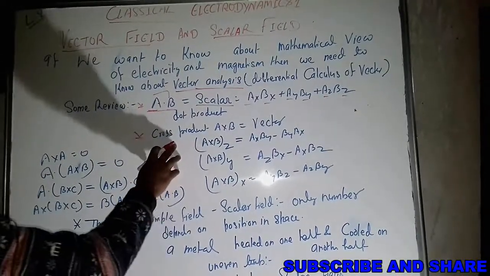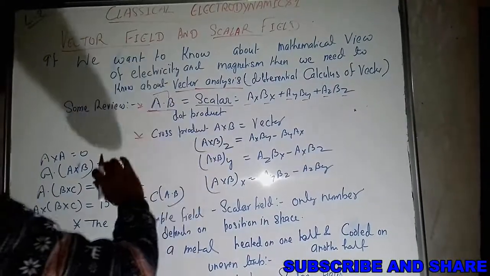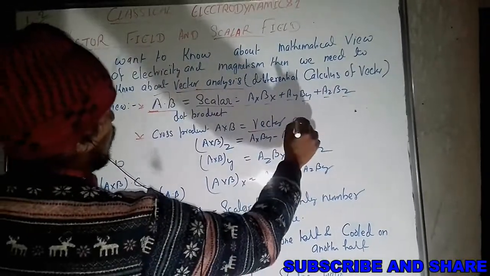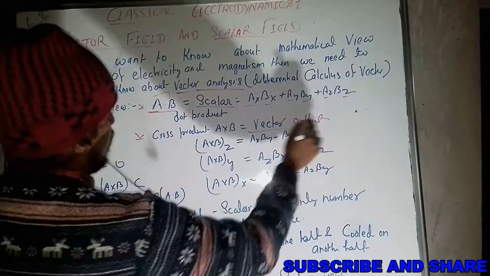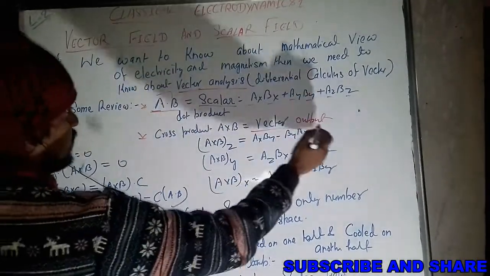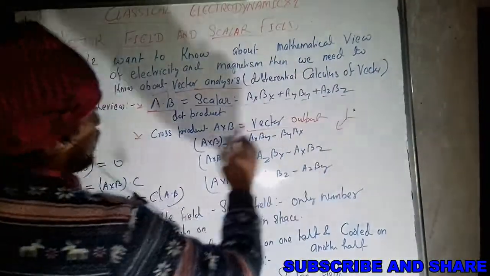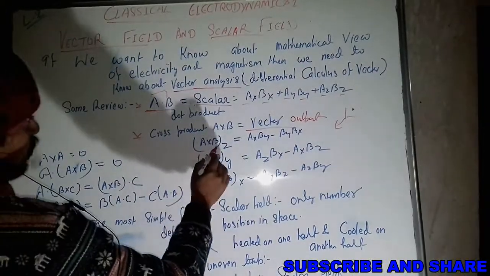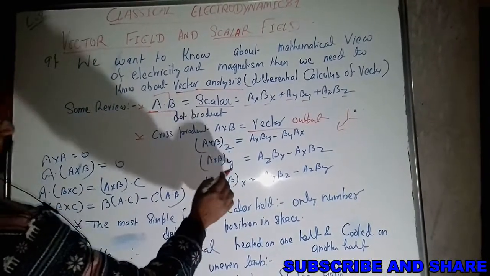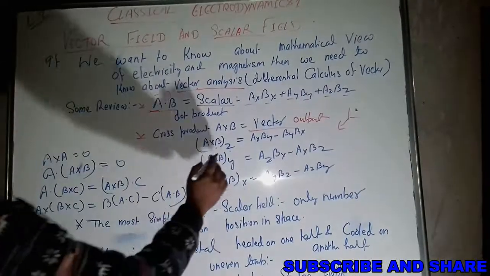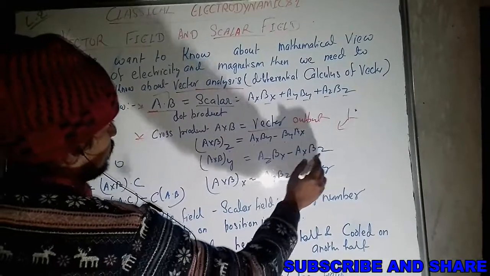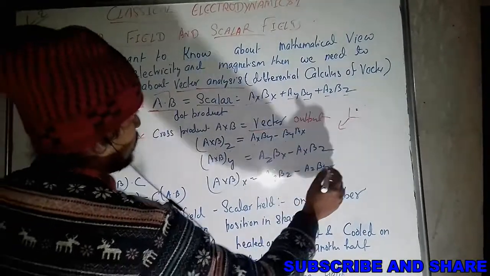Now there is also a cross product between two vectors, and the cross product of two vectors gives a vector as output. Because the cross product gives a vector as output, it means it has three components. So the components of A cross B are: X component AY BZ minus AZ BY, Y component AZ BX minus AX BZ, Z component AX BY minus AY BX.